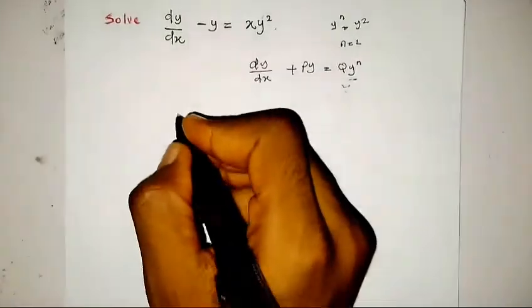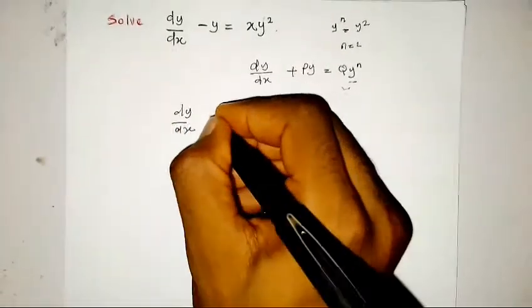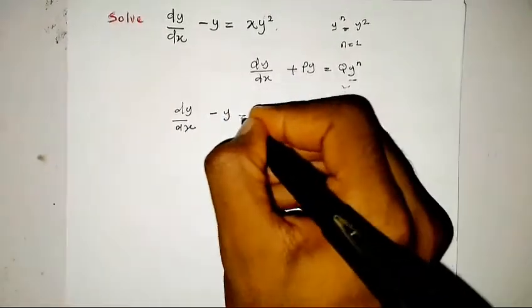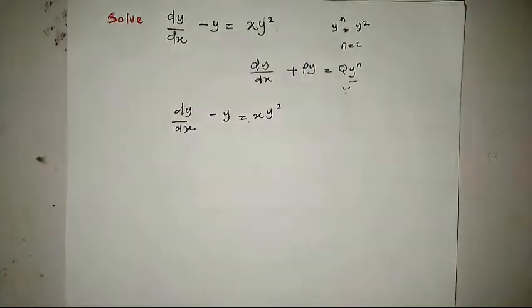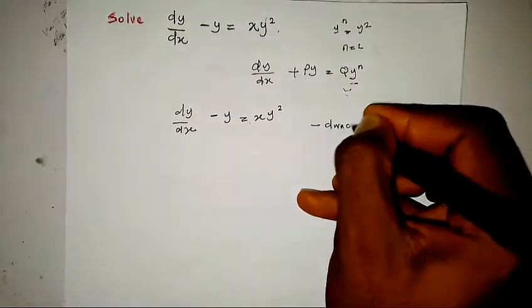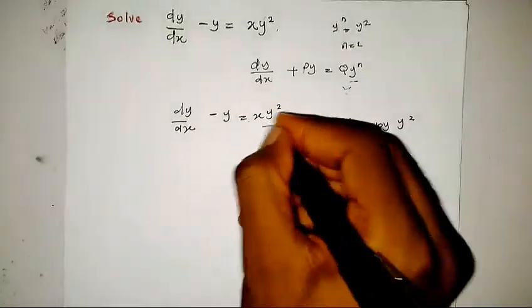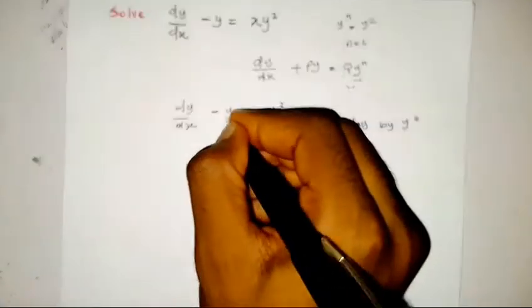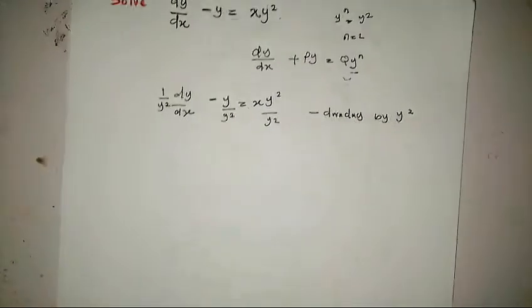So we have dy/dx minus y equals xy squared. Dividing through by y raised to power 2, we have y raised to power 2 in each term.